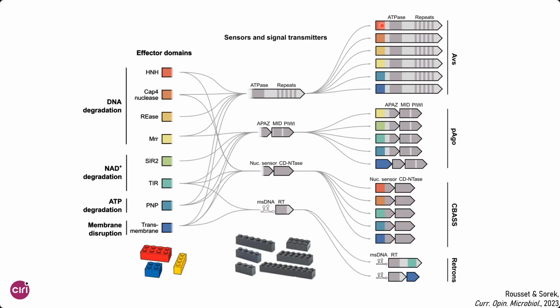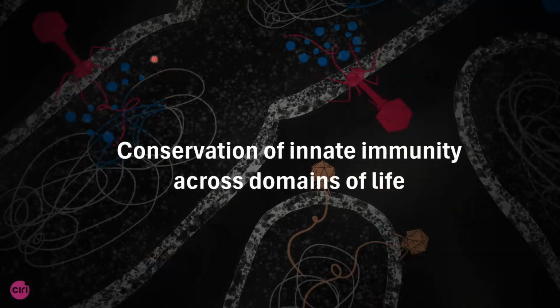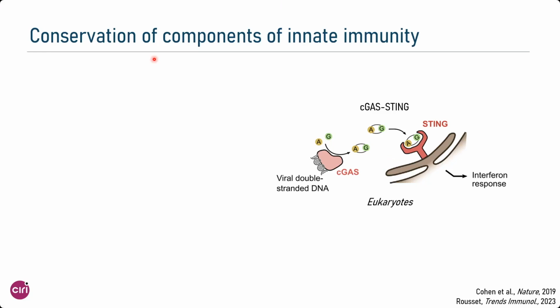And so there's a significant perspective that was also emerging in the past few years, is that among those protein modules, may they be effectors or sensors, we're starting to realize that some are actually common between prokaryotes and eukaryotes, and it seems that some are conserved across domains of life. And it all started with a pathway that is called cGAS-STING. cGAS-STING is an immune pathway that we have in our own cells.